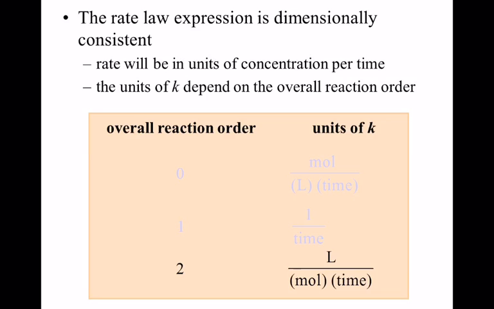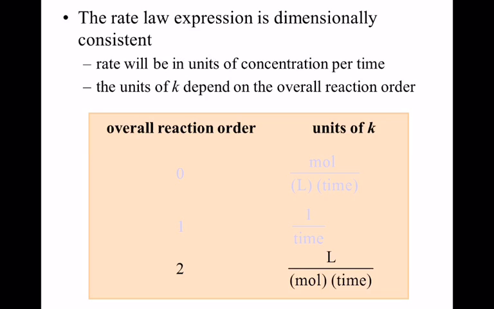Still keep your per time. So basically you have to put one in the bottom, if that makes sense. To cancel this out, you have to introduce in your K not only time, but also molarity in the denominator. Get rid of one of your molarities.